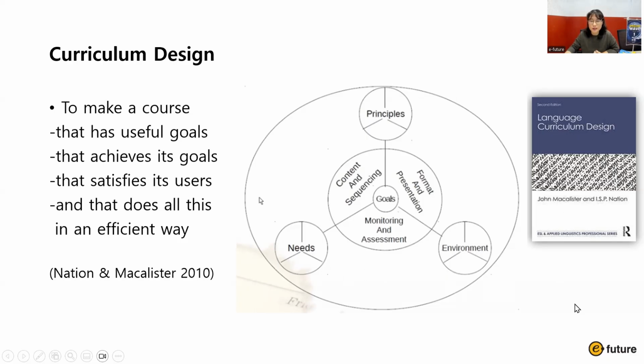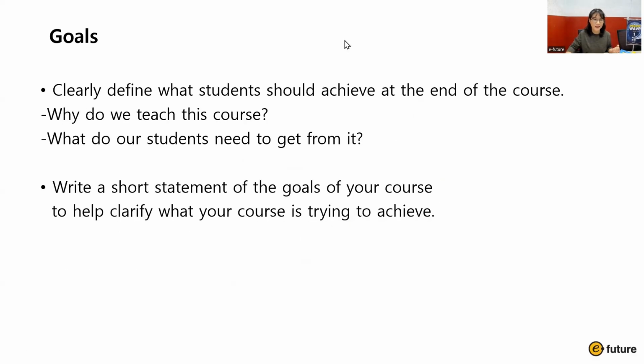And choosing a book is just a small part of this curriculum design. However, it's related to all these things. So please think about the goals and find the goals from the books and see if you can match your own goals with the book goals. Because that's why we teach the course, and that's what our students need to get from our course and our books.